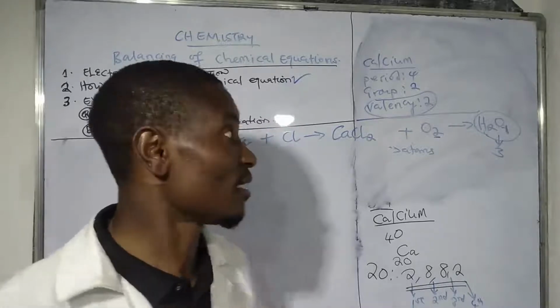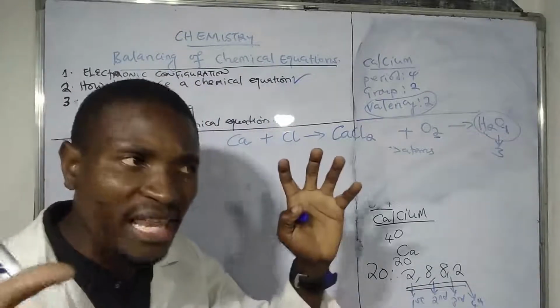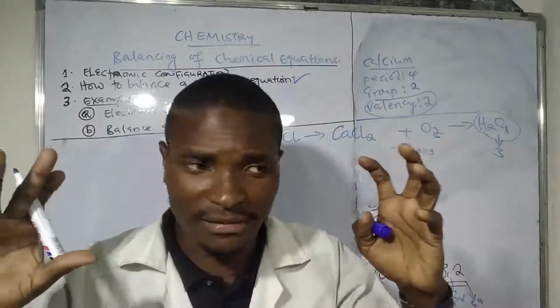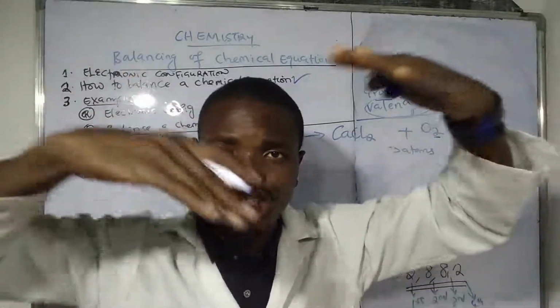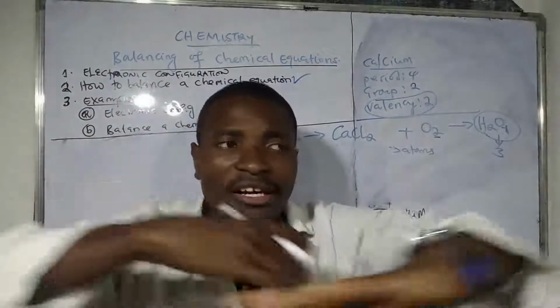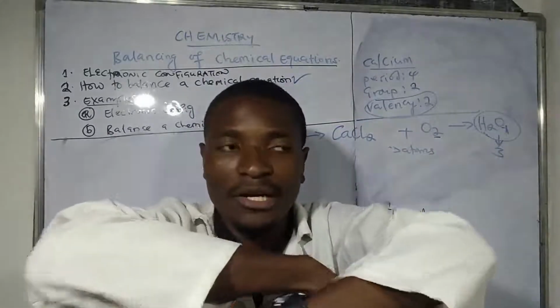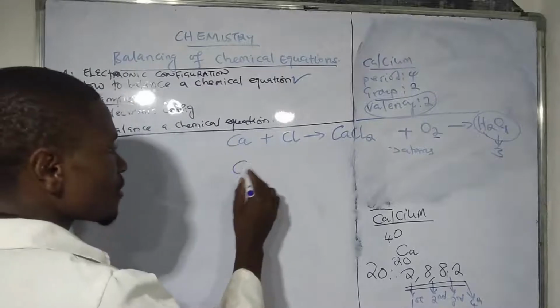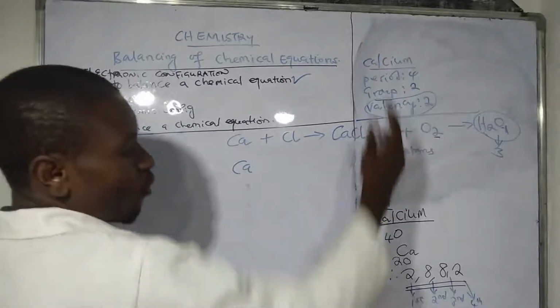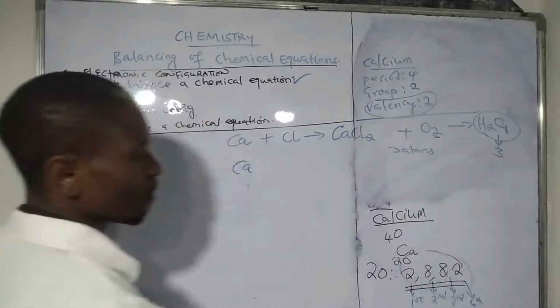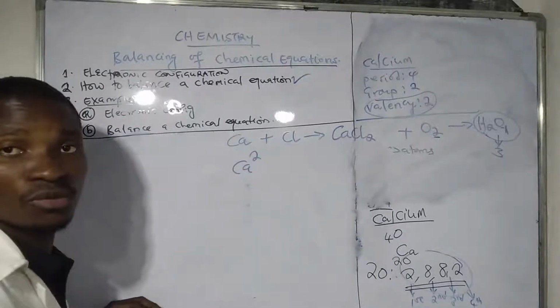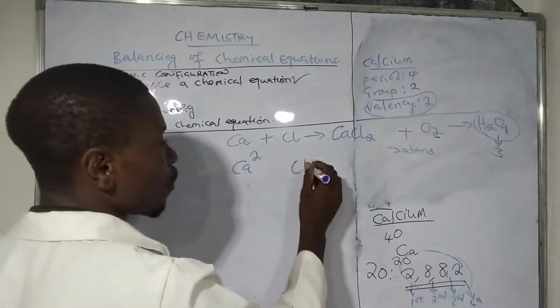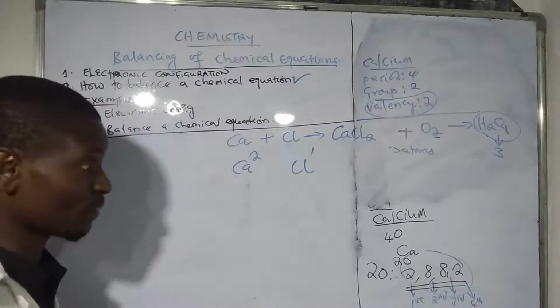When two atoms are reacting, they exchange their valences. The valences swap. This calcium, which we have configured right over here, has a valence of 2, and chlorine has a valence of 1.